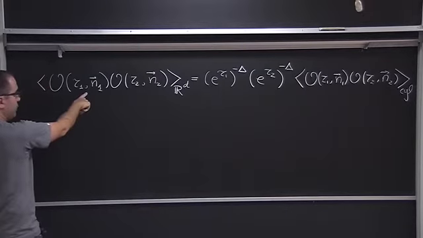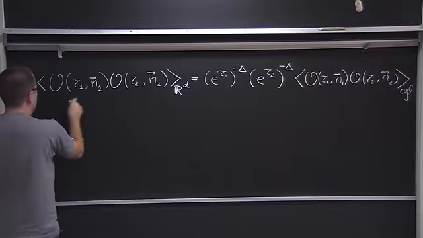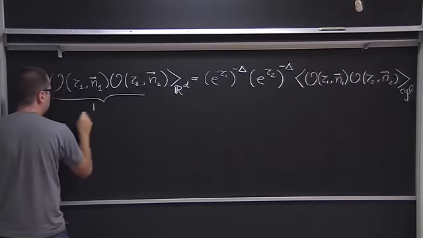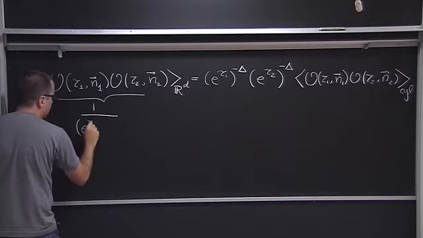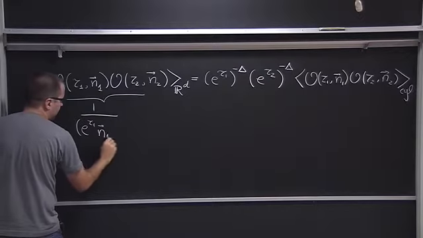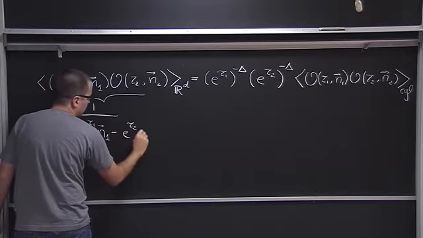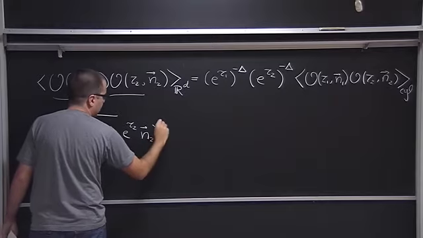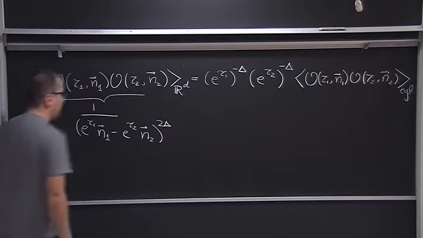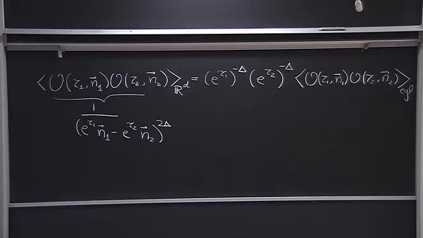And now we plug in what we know for this value. So what is this thing here? This is 1 over e to the tau1 n1, this is the first point, minus e to the tau2 n2, this is the second point, and this is to the power 2 delta. Right?